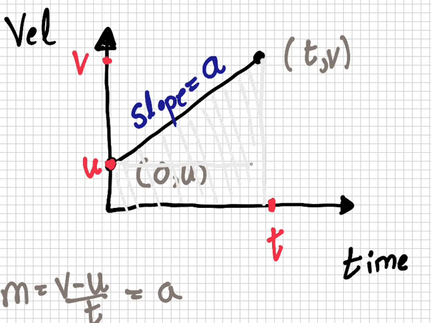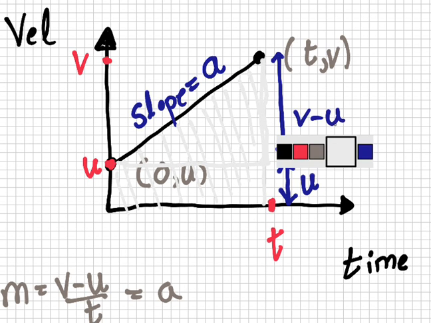So I'll break it up into a rectangle and a triangle. So how high is this piece here? U. And how high is this piece? V minus U.